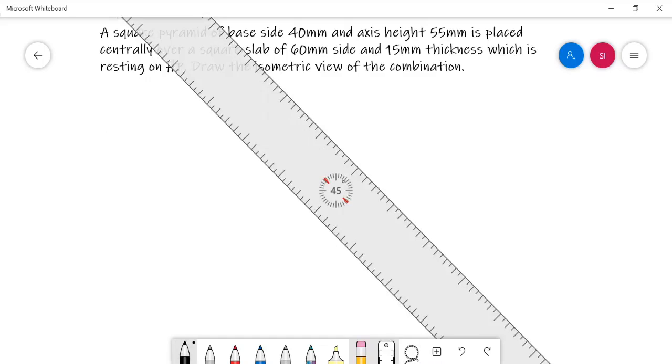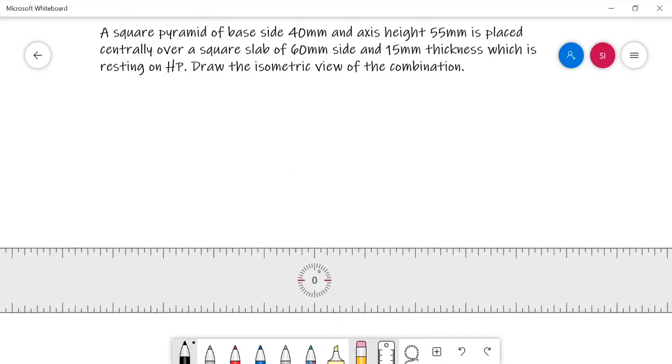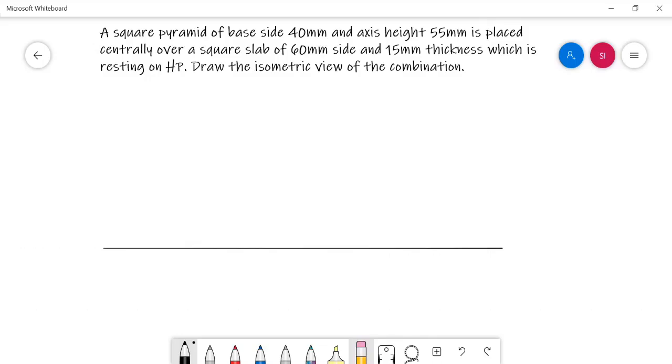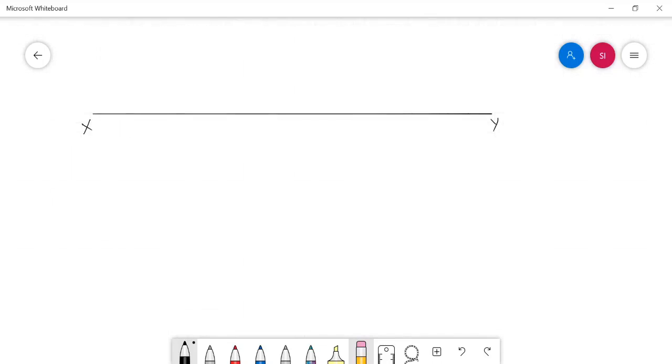Starting from the XY line, we can start to draw the orthographic views of the bottom and the top solids. The bottom solid, the square slab, has a 60 mm side. So I need to draw a 60 mm side square as the base view of the solid.